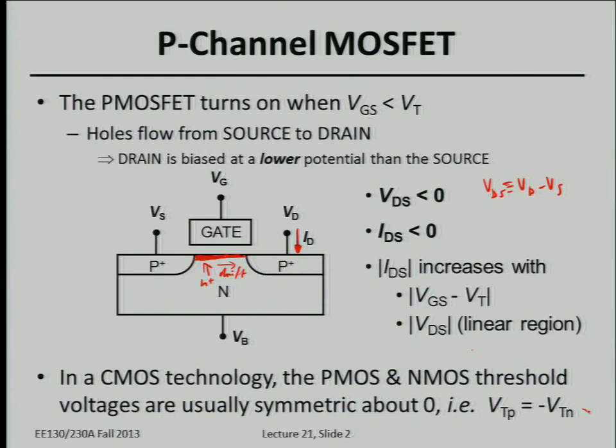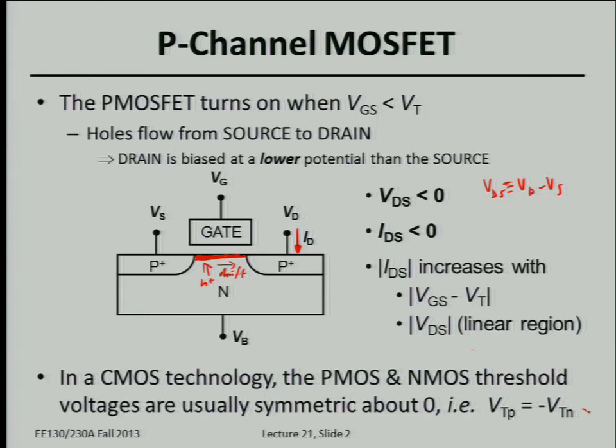Okay? And if you have more drain to source voltage, then the drift velocity will increase and you have higher current up to the saturation value. And in a CMOS technology, usually the N-channel and P-channel devices operate in a complementary manner, as I mentioned last week. And the threshold voltage is typically similar in magnitude.